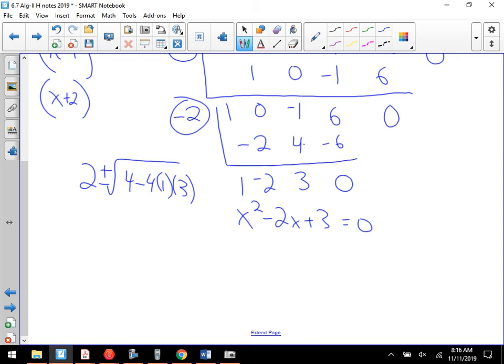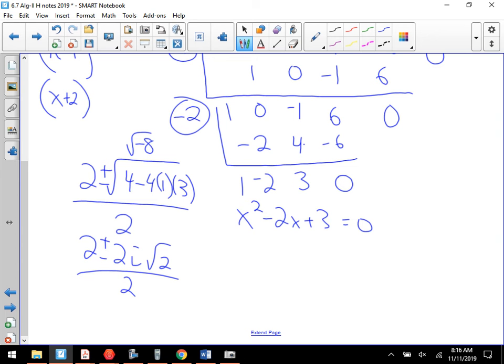So here you get 4 minus 12, which is what? Negative 8, all over 2. So this is the square root of negative 8. What's the square root of negative 8? 2i root 2. Good. So now you know this is 2 plus or minus 2i root 2 all over 2, which means, what are you going to do?